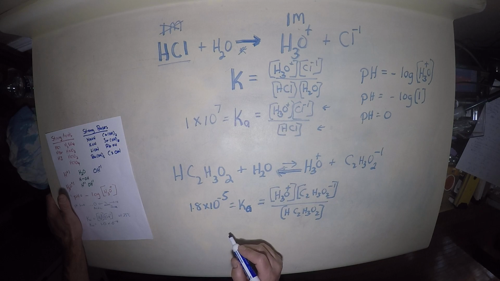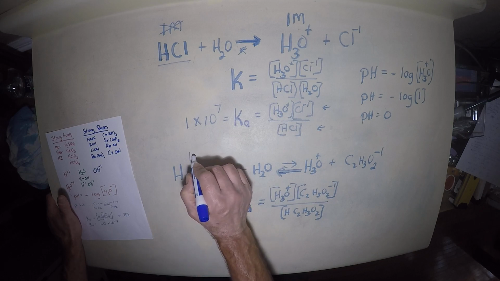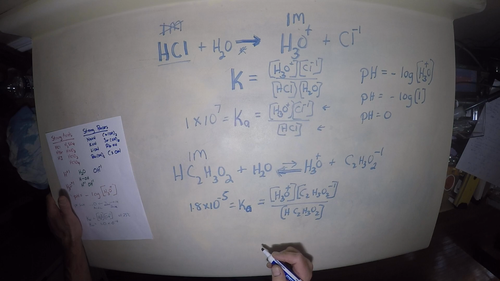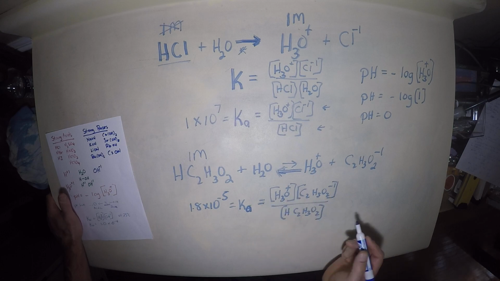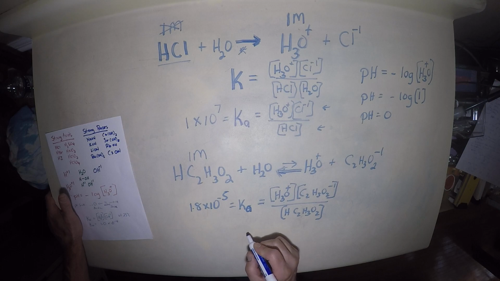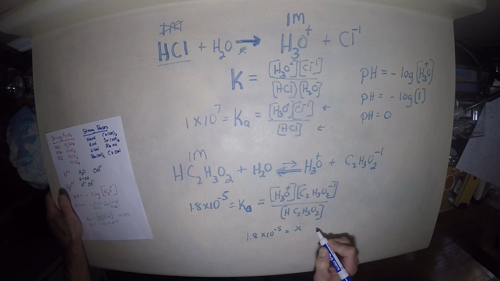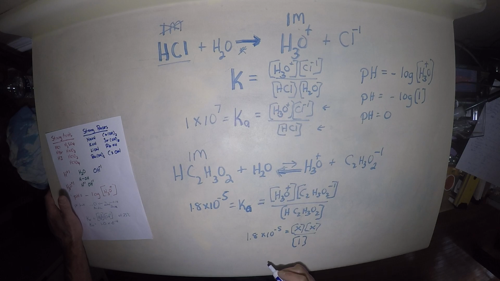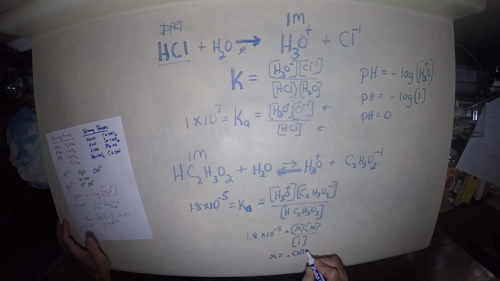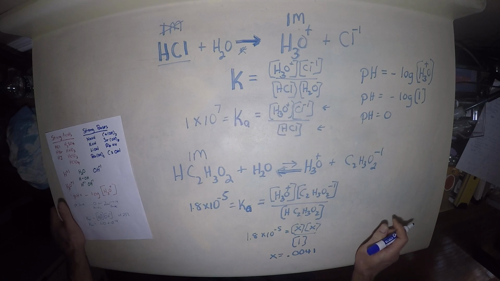To give you a feel for that, if I use the same molarity acetic acid, 1 molar, we get, after the mathematics, which would look like 1.8 times 10 to the minus fifth equals x times x, because those have to be equal, over the concentration of acetic acid, which is 1. Then we would do some math and x comes out to about 0.0042.